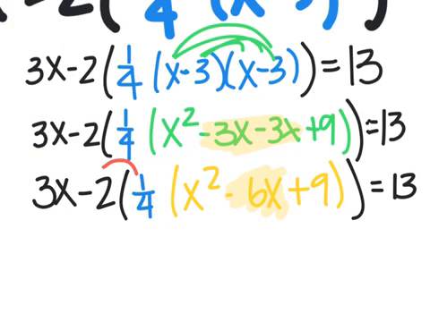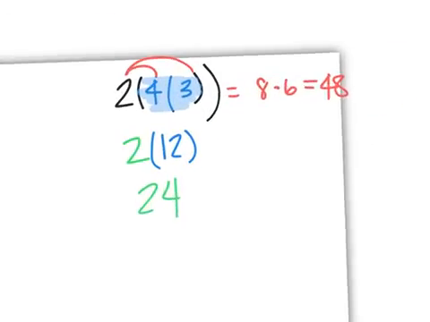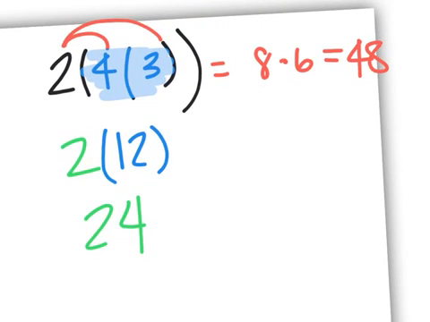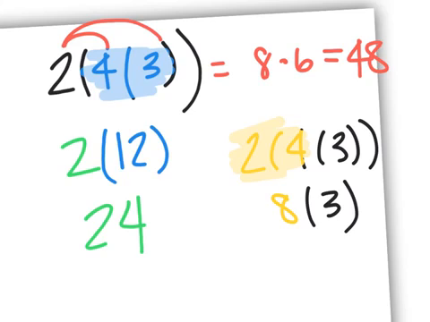When we multiply, going back to this problem we looked at a second ago, same problem, so 2 times 4 times 3, if I had first multiplied 2 times 4, what is that going to give me? 8. And then I had multiplied 8 by 3, what am I going to get? 24.